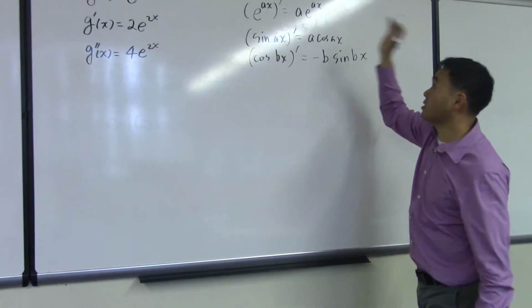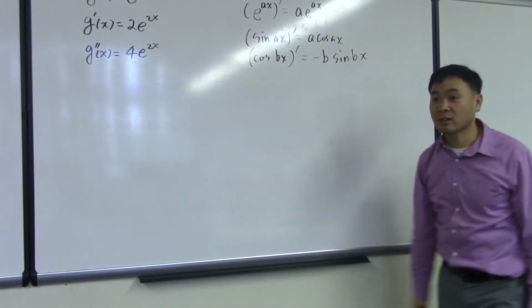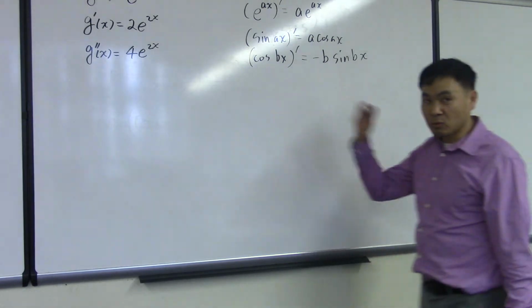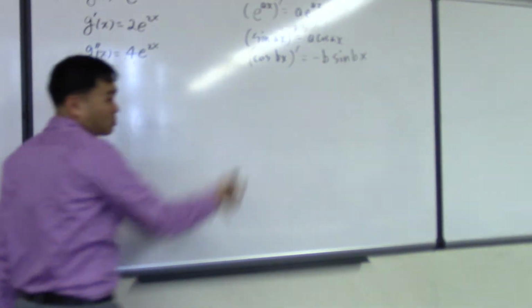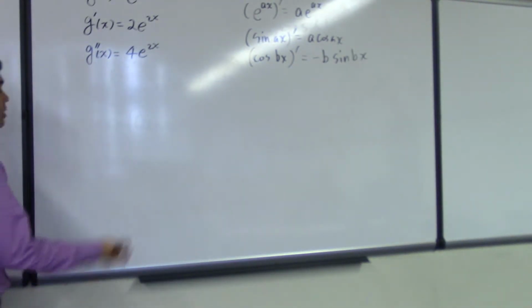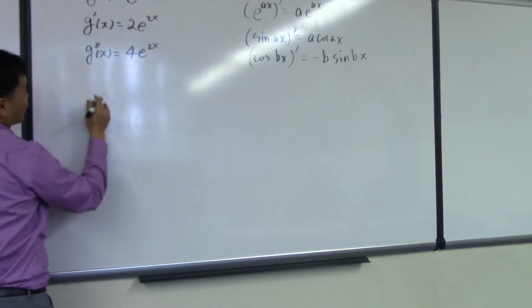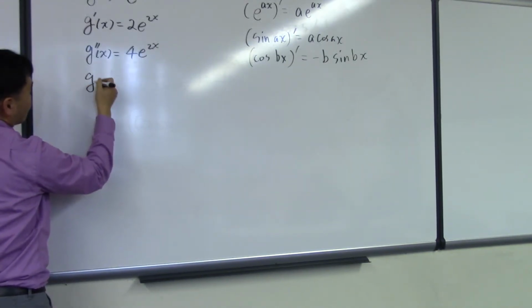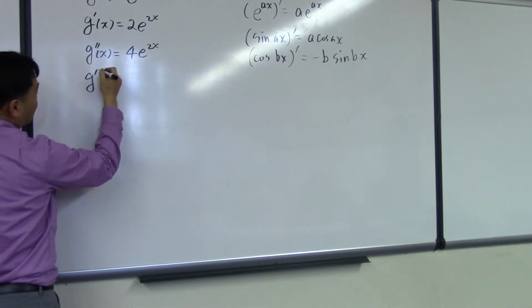The derivative of ax gives you a, that's why you see an a here. But with lots of practice, these will just be natural. You'll just see them as regular formulas that you know.